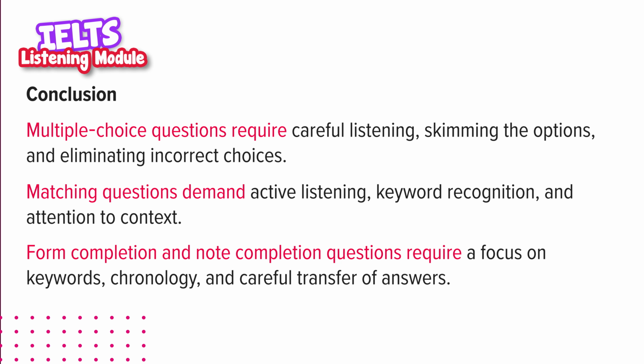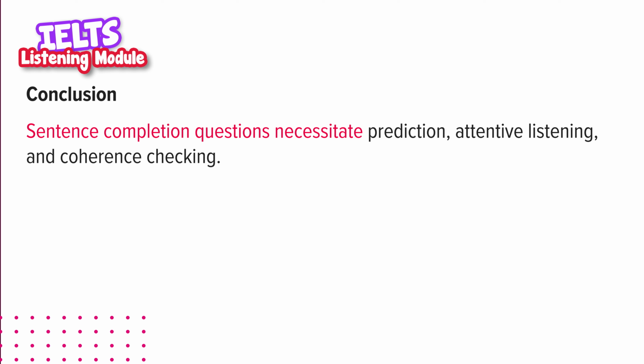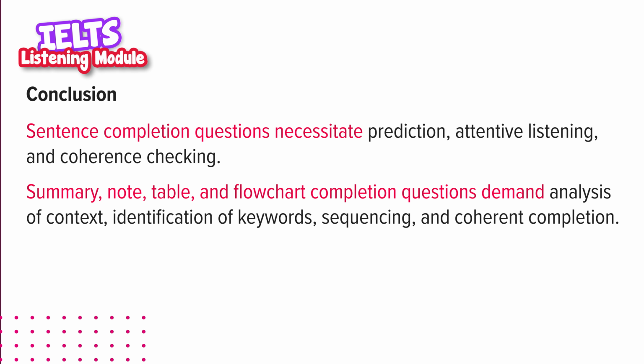Form completion and note completion questions require a focus on keywords, chronology, and careful transfer of answers. Sentence completion questions necessitate prediction, attentive listening, and coherence checking. Summary, note, table, and flowchart completion questions demand analysis of context, identification of keywords, sequencing, and coherent completion.